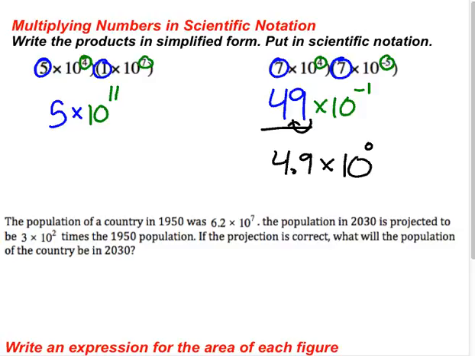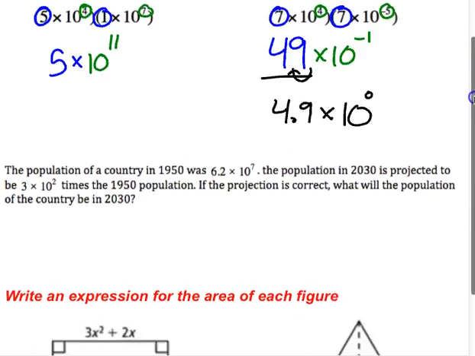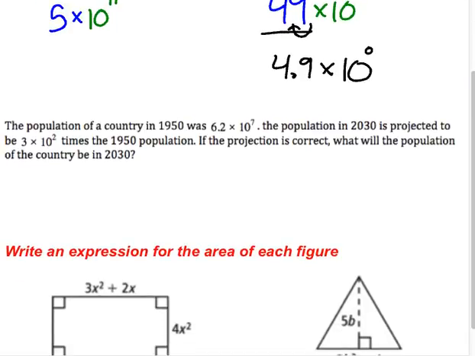So let's talk about a word problem using scientific notation. The population of a country in 1950 was 6.2 times 10 to the 7. The population in 2030 is projected to be 3 times 10 to the 2 times the 1950 population.